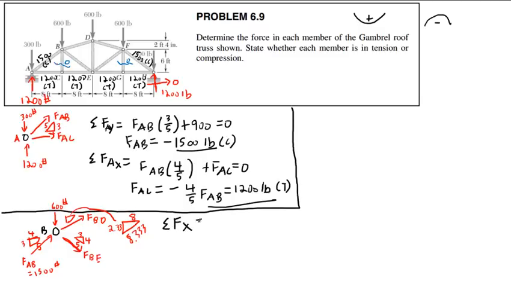Sum of forces in the x direction is going to be 8 over 8.333 FBD plus 1,500, let's say BX, plus 1,500 times 3 over 5, this one here, plus FBE times 3 over 5 equals 0.